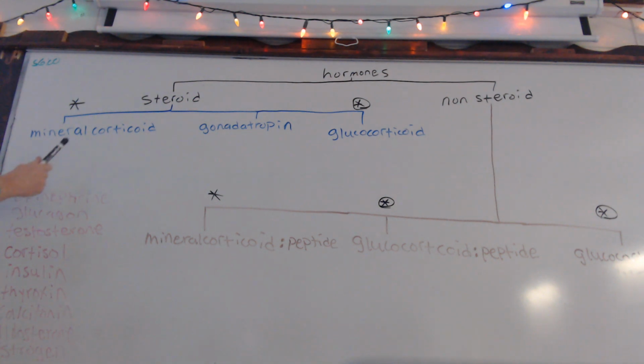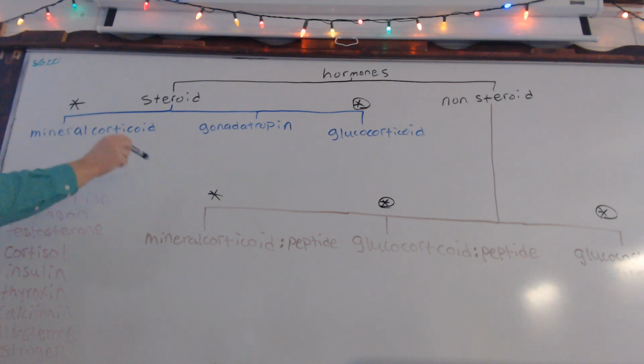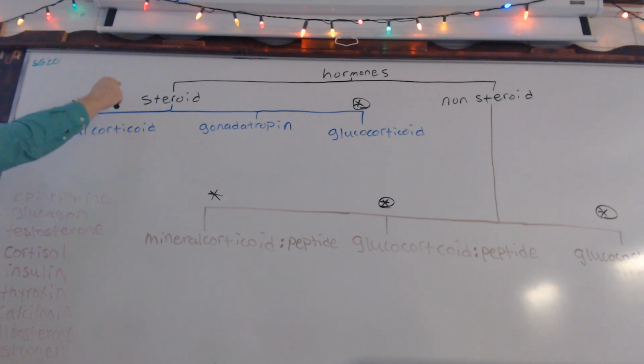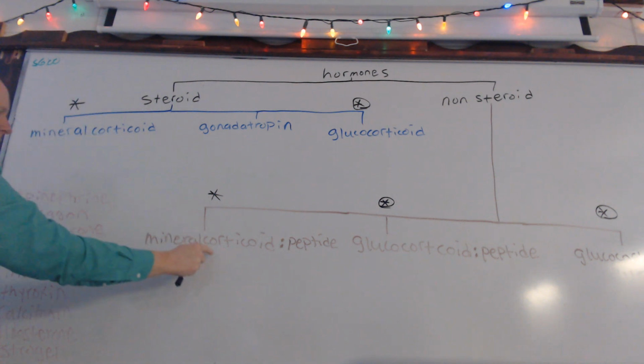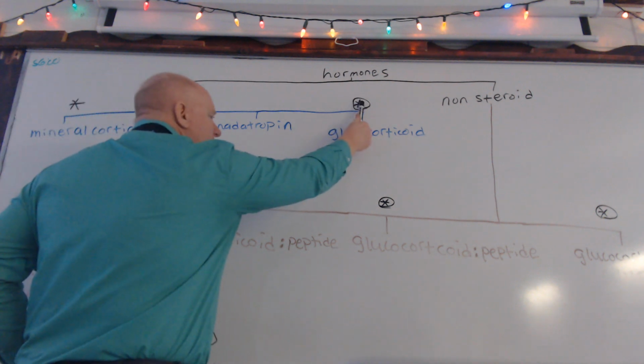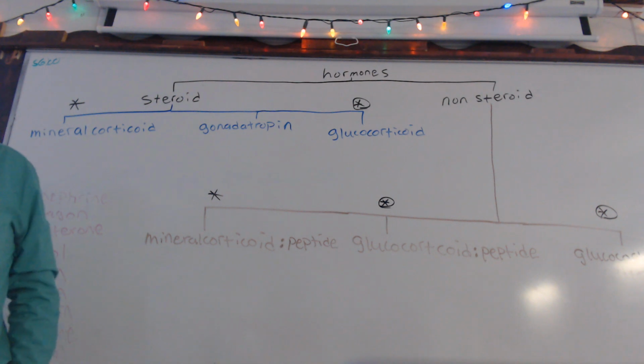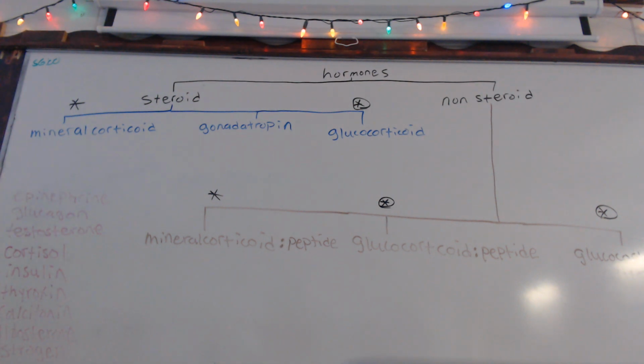Notice we see mineralocorticoid and mineralocorticoid, but in this case, this mineralocorticoid is steroid based. This mineralocorticoid is polypeptide based, and that's why we break it down in that manner. And then notice you see glucocorticoid here, here, and here. It's just the chemical structure on why you see them categorized like that.